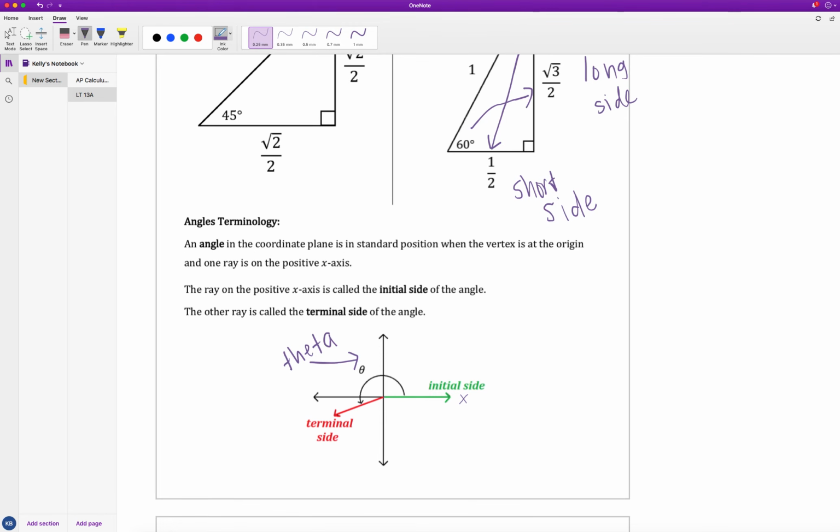We're also going to see a couple more as we keep going. But this will be how we'll draw any angle on a coordinate plane. We always start at the positive x-axis, and in this case I'm rotating counterclockwise. I could rotate clockwise, and we're going to look at the difference between those two next. But the key right here is you always need to start each angle on the positive x-axis.